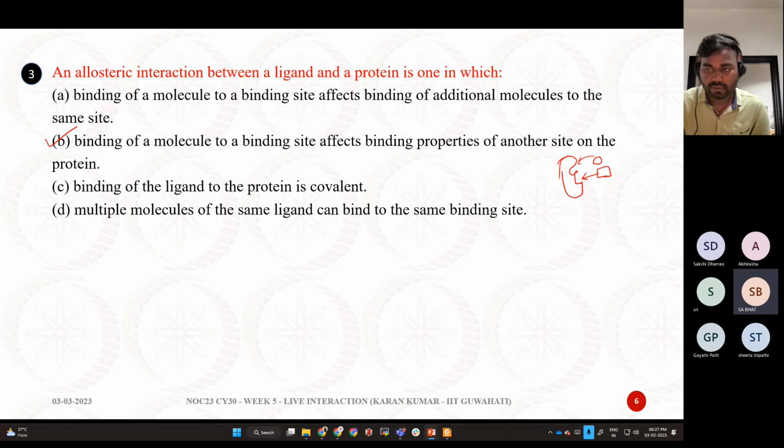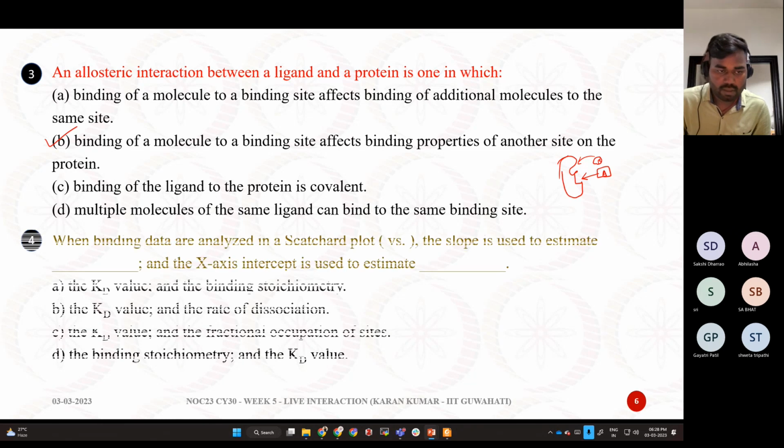Sir, will it help in binding of another molecule? Yeah, once this particular molecule is binding to its binding site, it is opening up the active site of this so that B can bind. So which kind will it be? Activation. Activation? Yes, very good. And this is also sometimes termed cooperativity, which you see in the oxygen binding of the hemoglobin molecule.